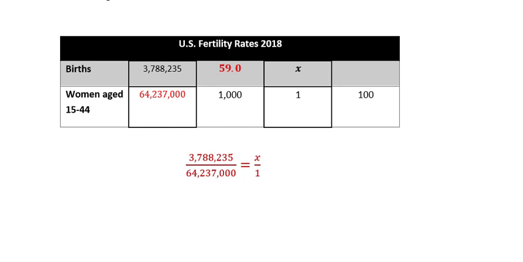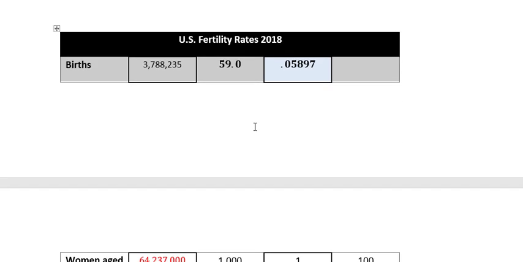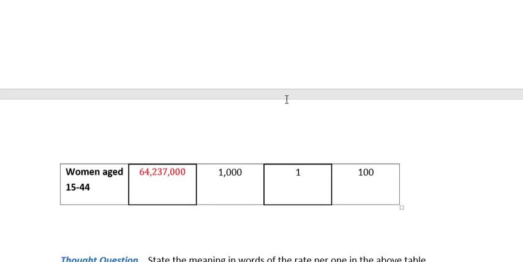So you see if you can solve that, and I'll put up the answer. So there we have our answer. Hopefully you followed that, right? Cross multiply and then divide. And so the answer X, I'll put in the table. And there it is in the table.